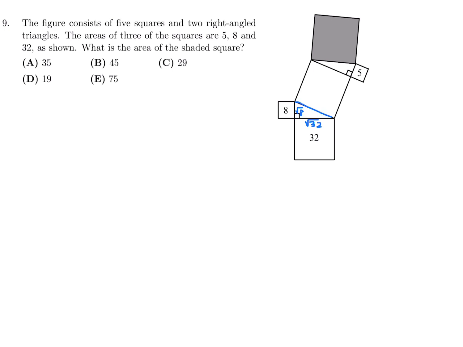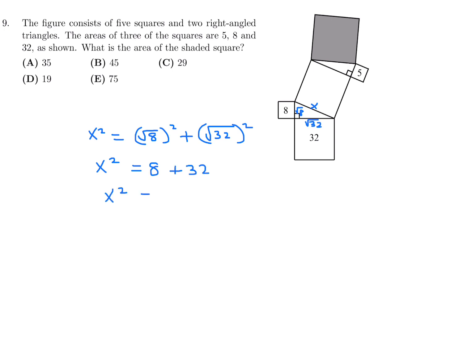So now I can easily figure it out using Pythagoras. I'll call it x. So x squared is root 8 squared plus root 32 squared. So x squared is 8 plus 32. x squared is 40. So that means x is root 40.